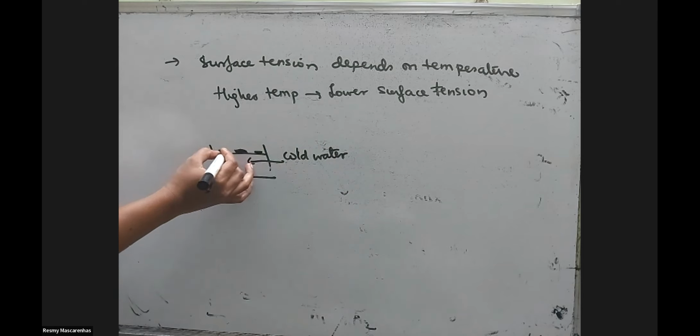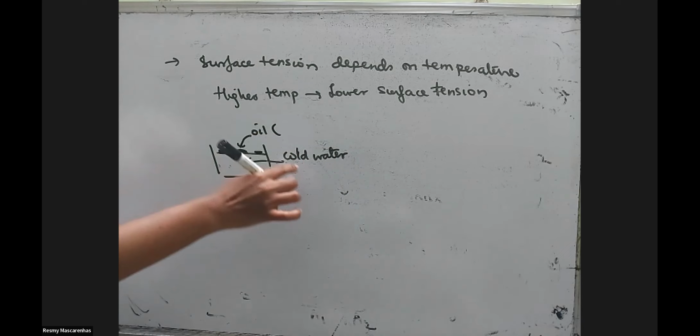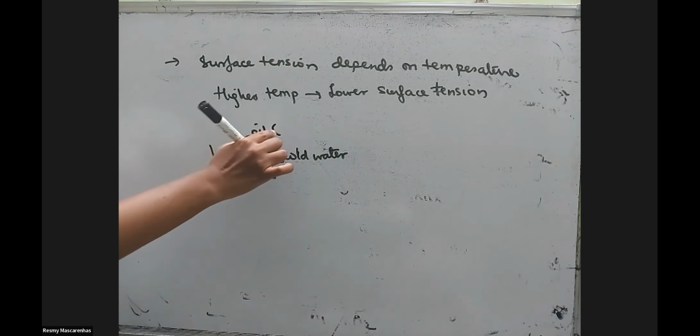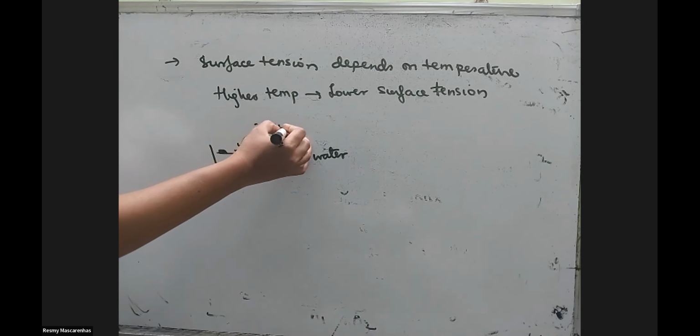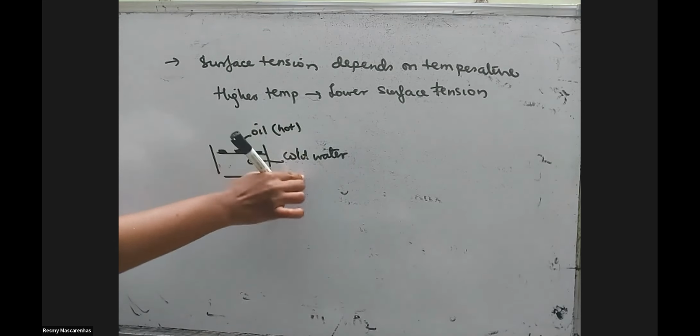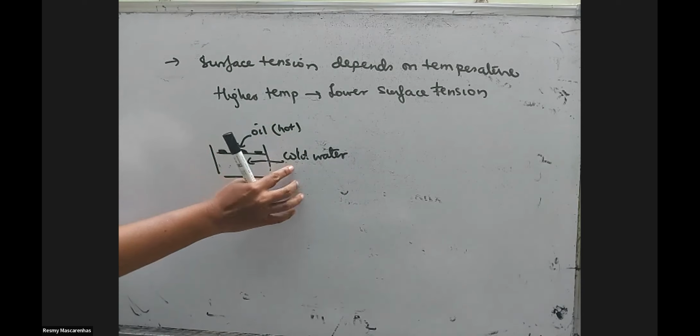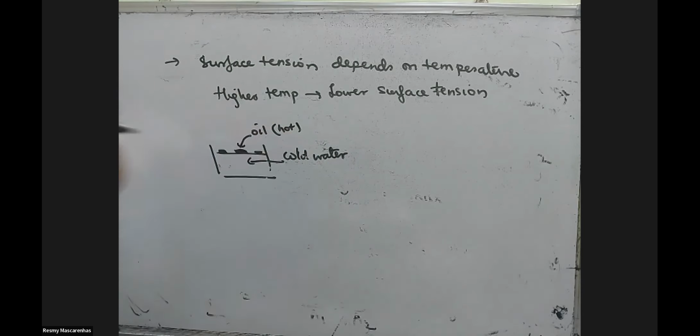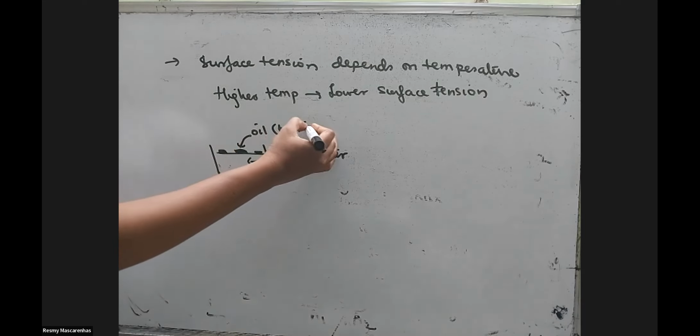The oil is trying to spread out on cold water. Why? Compared to cold water, the oil will be comparatively hot. When you're putting oil on the cold water, obviously the oil will be hotter than the water. How much hotter, we don't know. So what is going to happen?